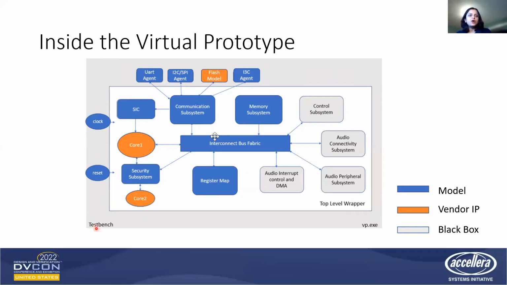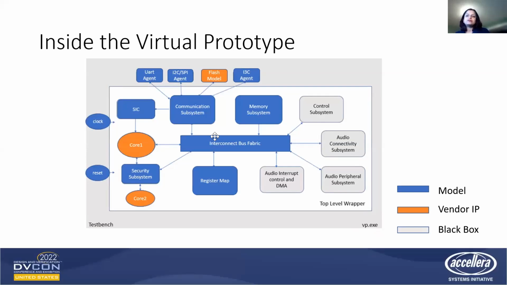Now, if you see this test bench block here, you would notice certain blocks labeled as agents, like this UART agent, I2C SPI agent, and I3C agent. These are SystemC agents, much like UVM agents, that provide connection and data exchange with peripherals in the absence of an actual physical device. This complete code is then integrated and built together to generate an executable, which is shown here as vp.exe.